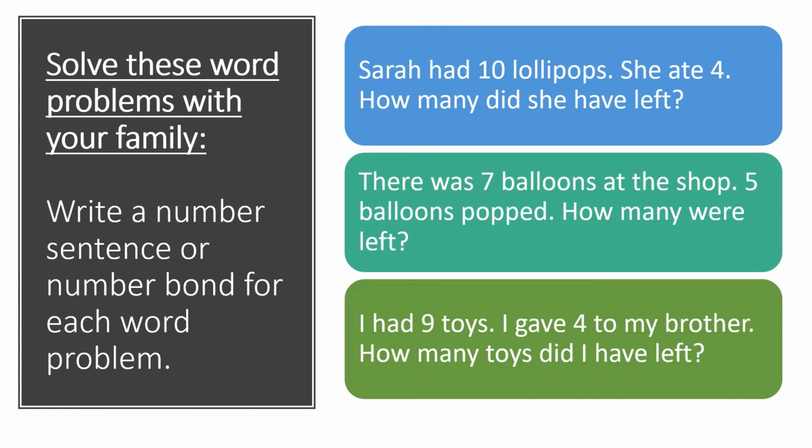You make sure that you write a number sentence or a number bond for each one, take a picture, and then send it to your teacher. So you are going to go ahead, pause this video now, and write down your number sentences or number bond for each word problem. I can't wait to see all the amazing work that you do.